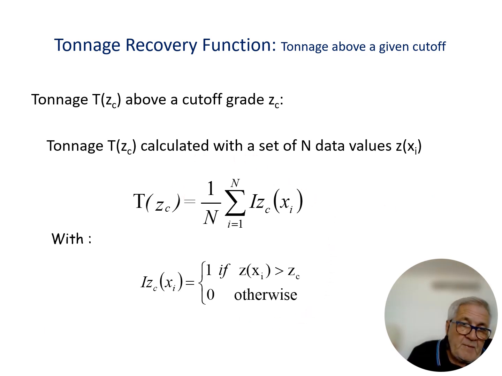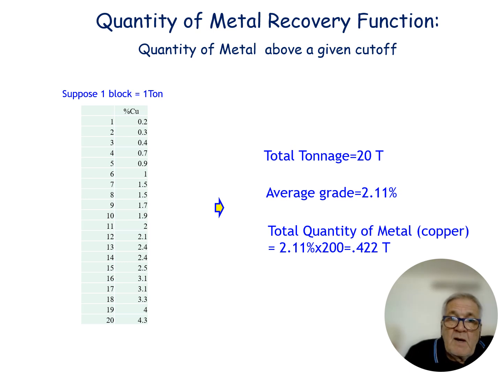Okay, simple. Quantity of metal. For example, in this case each block is 1 ton, so the total tonnage is 20 tons. The average grade is 2.11% copper.